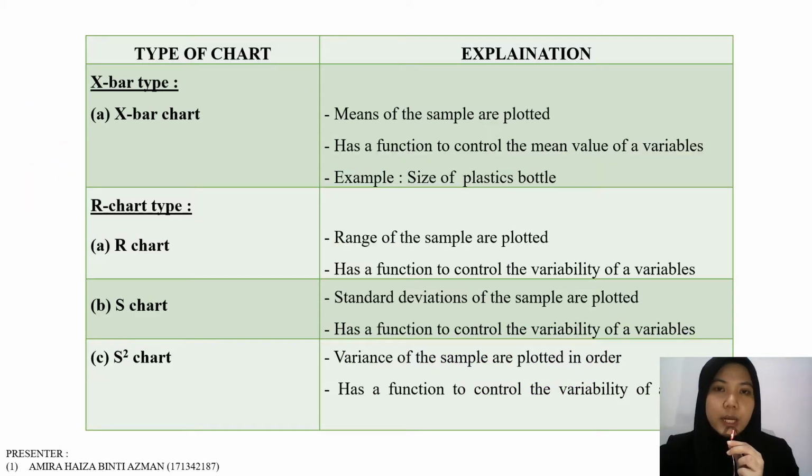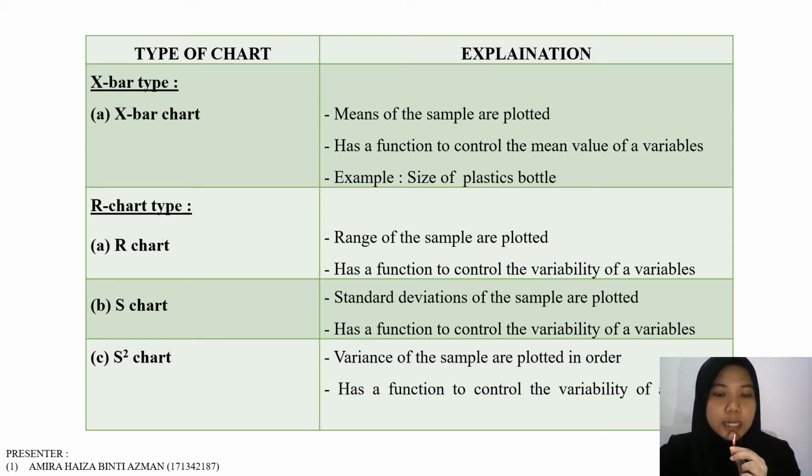Okay, so I will explain more about the types of chart. The first one is the X bar chart, which is the mean of the samples being plotted and has a function to control the mean value of the variables, for example the size of a plastic bottle. The second one is the R chart, which is the range of the samples being plotted and has a function to control the variability of the variables.